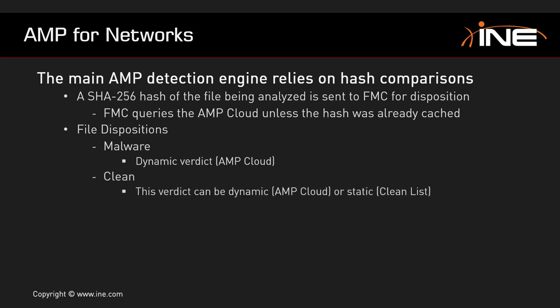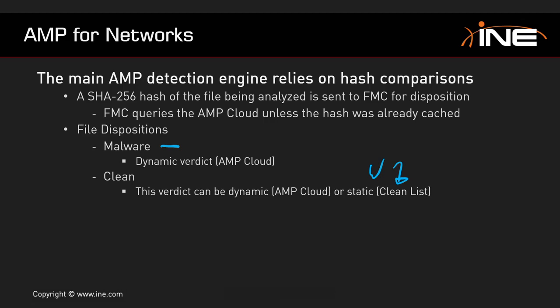Okay, the disposition can be deemed to be clean, which means that the file is okay. And this verdict can be not only returned by the cloud or a local engine, but we can also statically whitelist files by putting them on a so-called clean list. So I always have a method of overwriting this dynamic decision, like when the cloud says the file is bad and I'm gonna block it.